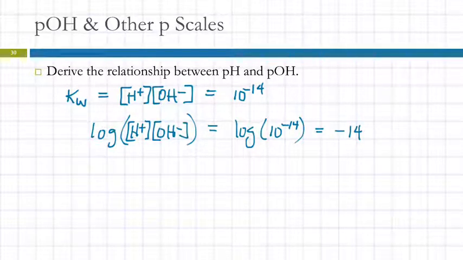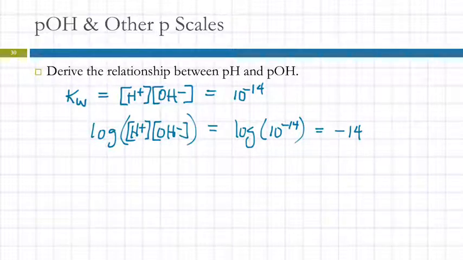The base 10 logarithm asks, what is the exponent of 10 that is equivalent to this number? So 10 to the minus 14, the exponent of 10 is minus 14. If you have 1,000, the log of 1,000 is 3, because it's 10 to the third. So the log and the 10 to the x, log and anti-log, they cancel each other out, another way to think of it.